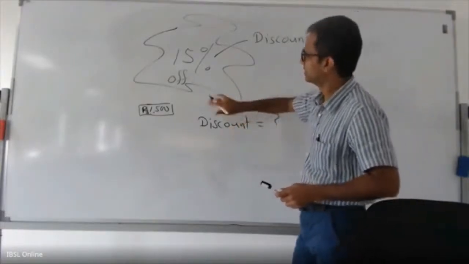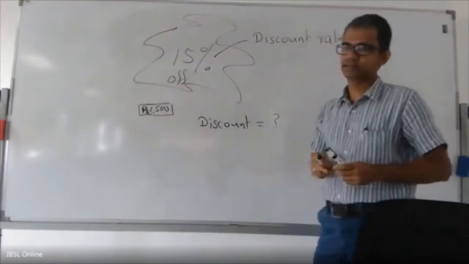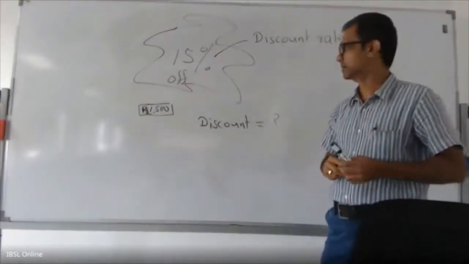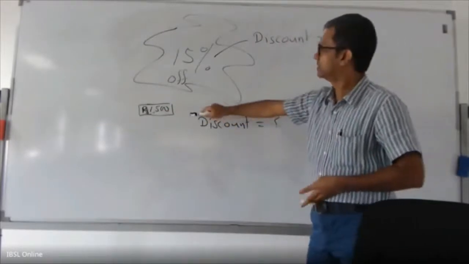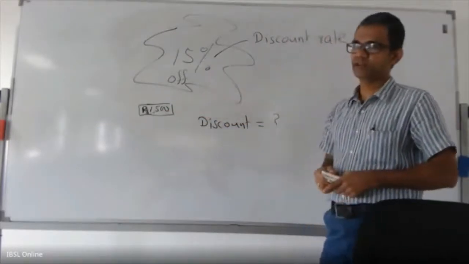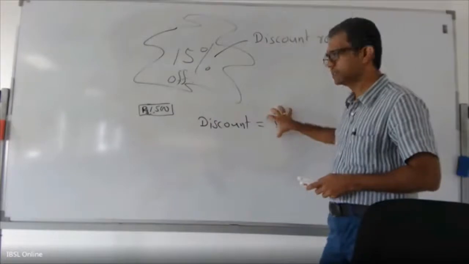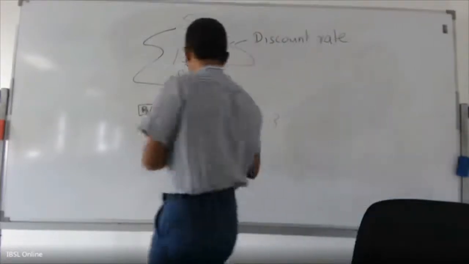Now tell me, if the quoted price is 1,500 and a 15% discount is there, what is the discount and what is the price that you pay?